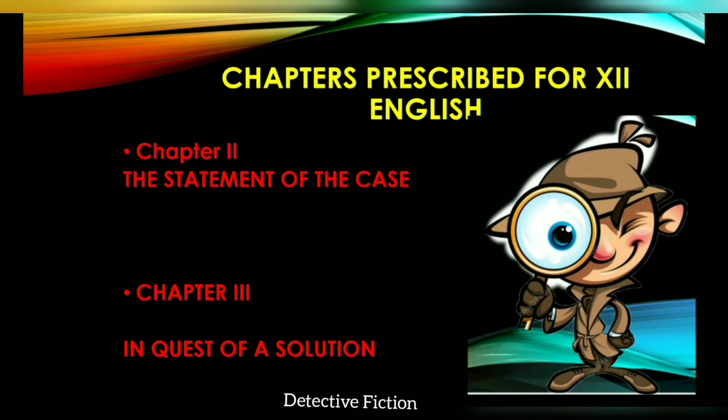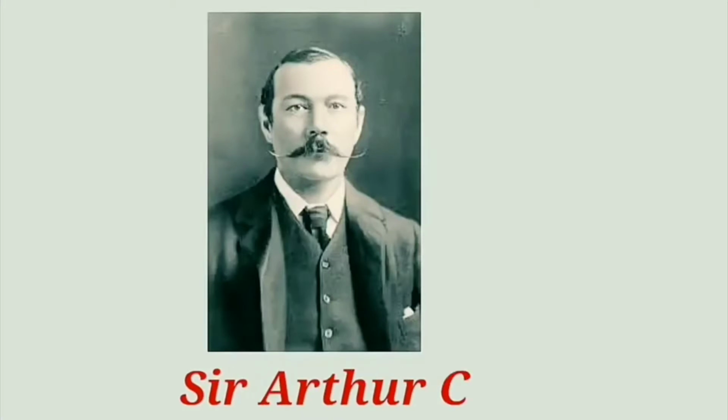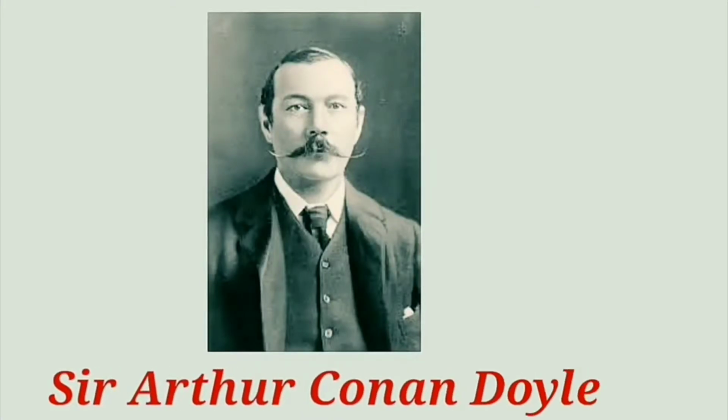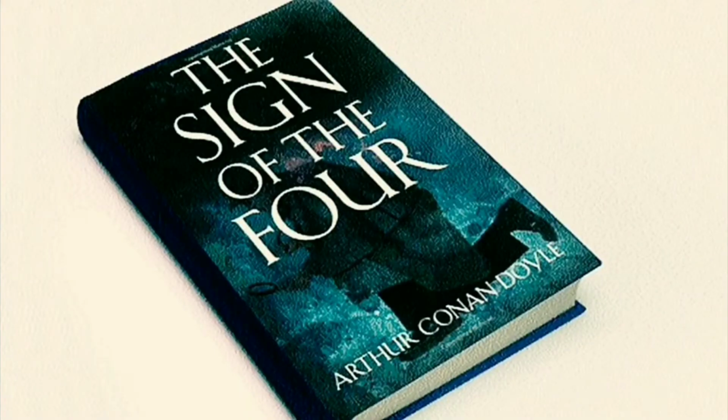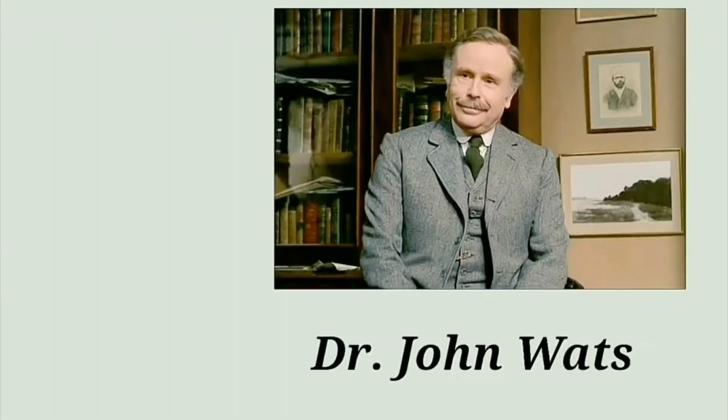Chapter number 2 is The Statement of the Case and chapter number 3 is In Quest of a Solution. Sir Arthur Conan Doyle created the character of Sherlock Holmes. This novel, The Sign of 4, is the second novel of Arthur Conan Doyle in which Sherlock Holmes and Dr. Watson solve the mystery of the hidden treasure.